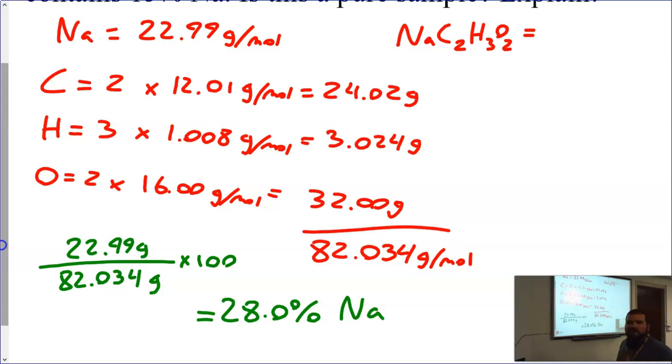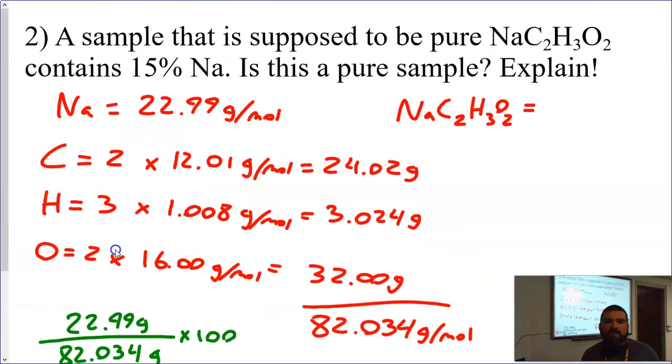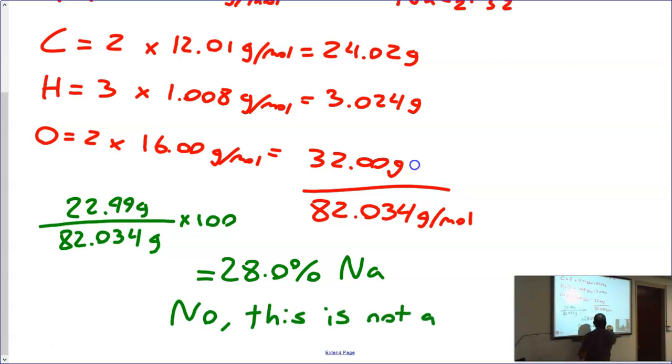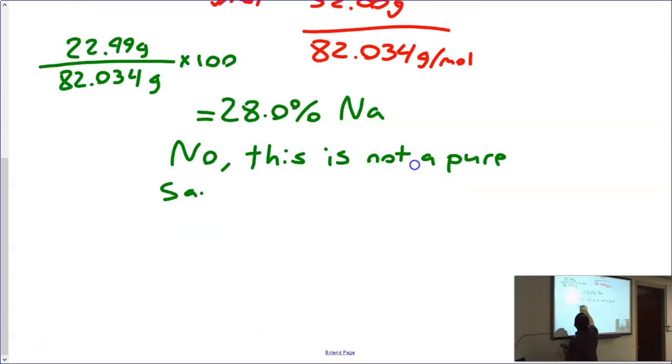Okay. But in this problem, it was saying that it was analyzed and it contains 15% sodium. So is this a pure sample of sodium acetate? It can't be, right? So, no, this is not a pure sample.